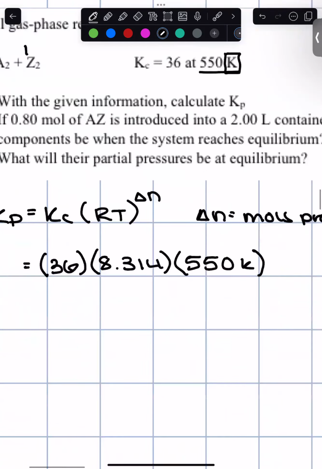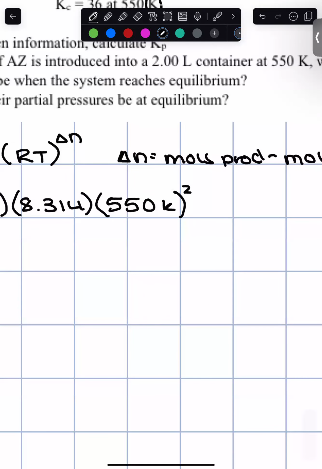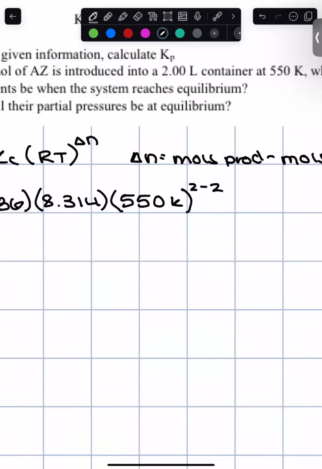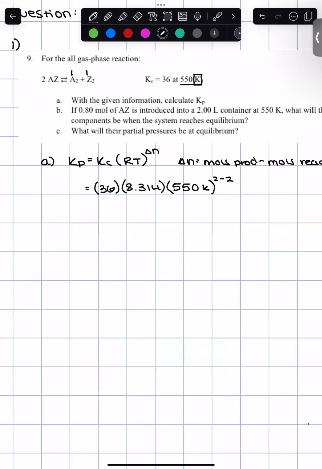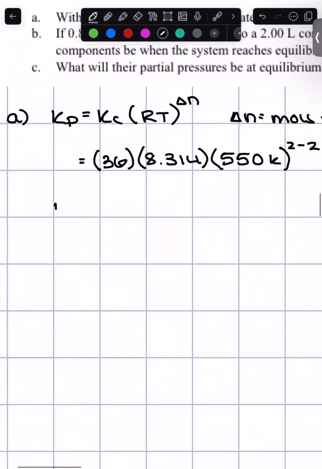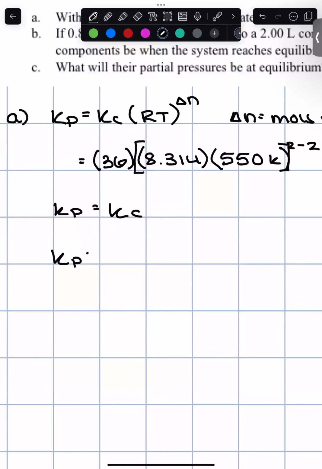So we have 2 moles of product minus 2 moles of reactant. And that leaves us with a Kp value, which I should put a box around this, equal to the Kc value. So Kp is equal to 36.